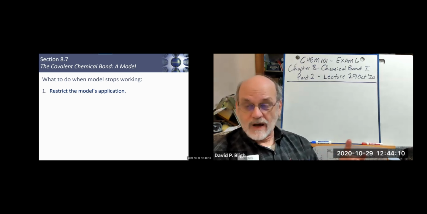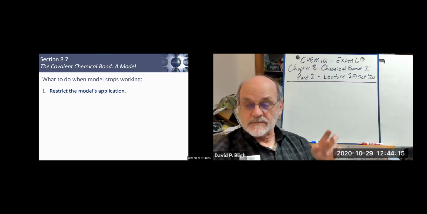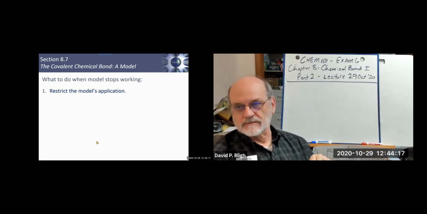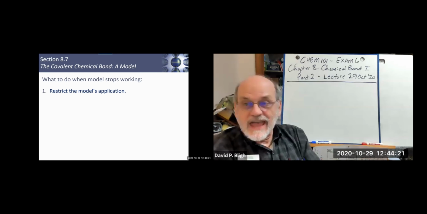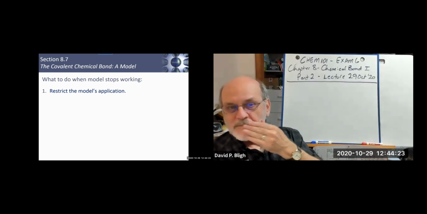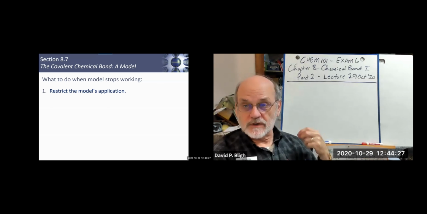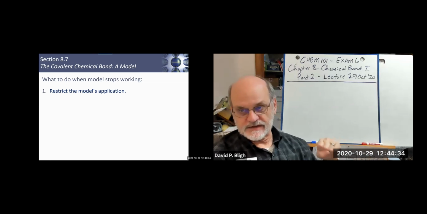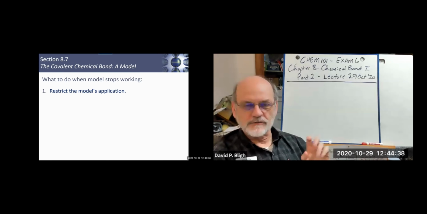Well, if it's an old model and it's been working pretty well up to now, sometimes we just restrict its application. We just say, you can use it over here, but you can't use it over here. And that's what we did with classical physics versus relativistic physics. Newton's physics would be the classical physics.